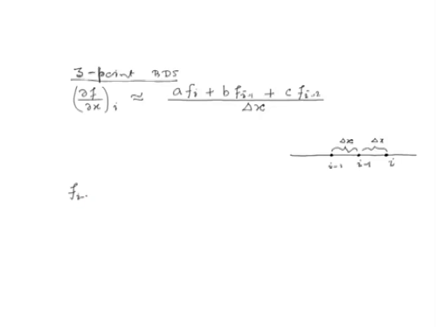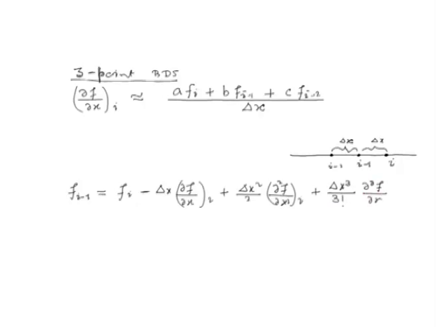So, the function value at point I minus 1, using Taylor series expansion, becomes f I minus delta x del f over del x at I plus delta x square divided by 2 del 2 f over del x square at point I minus delta x cube divided by 3 factorial del cube f over del x cube at point xi, and so on, the remaining higher order terms.